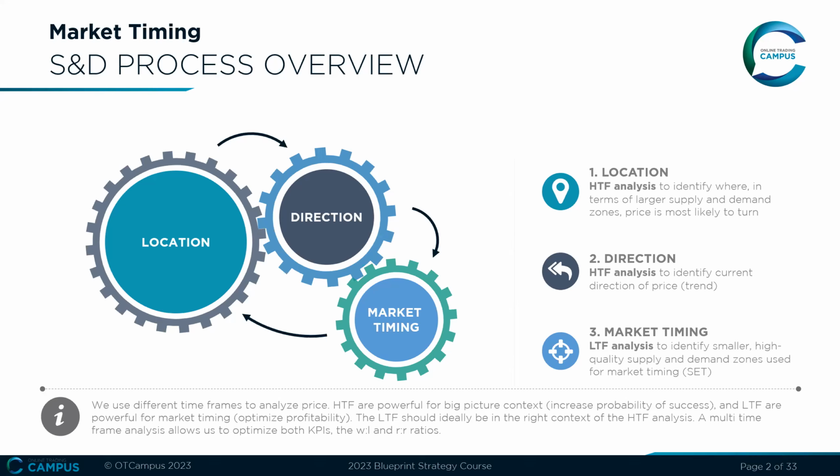And we use that to increase our probability of success. That's going to be a KPI in form of the win-loss ratio. And the lower timeframes are going to be powerful for market timing. Market timing we're going to use to optimize our profitability. In other words, the KPI that we attach to that is going to be risk to reward.